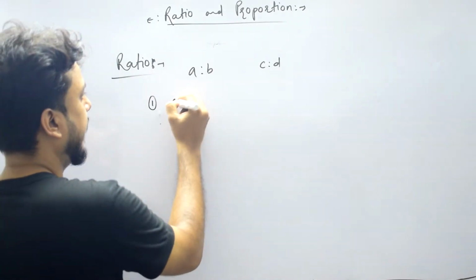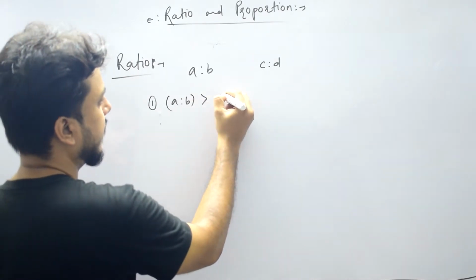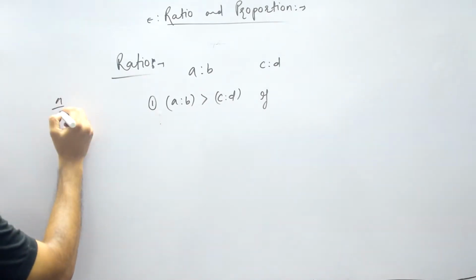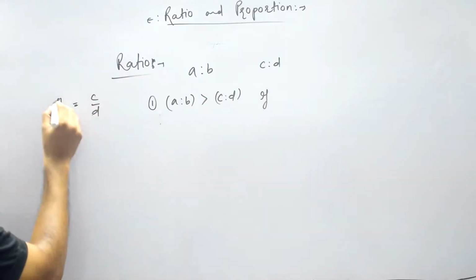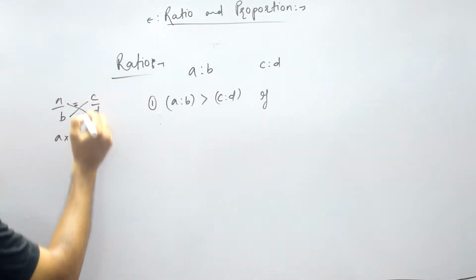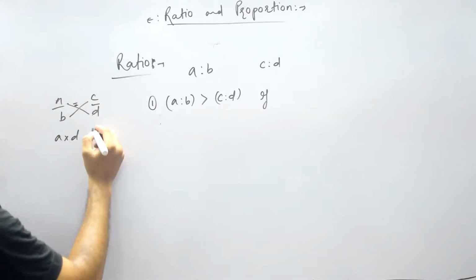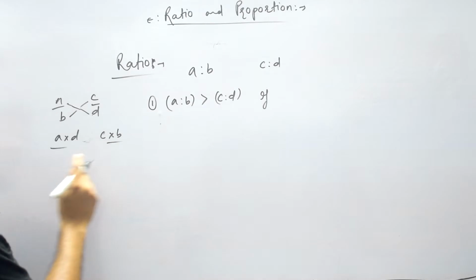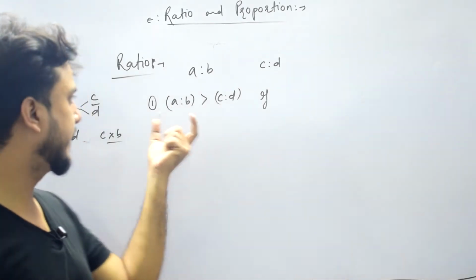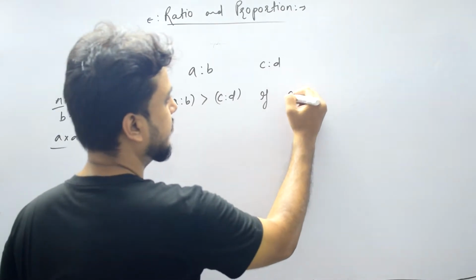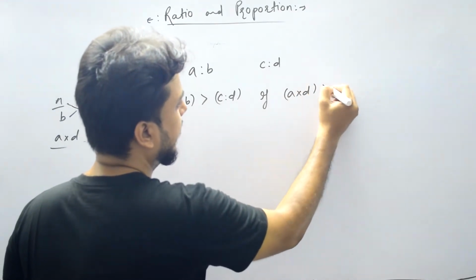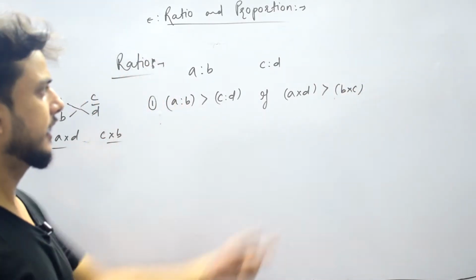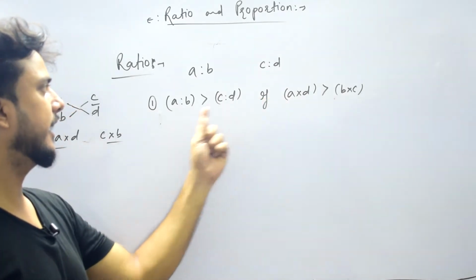A is to B will be greater than C is to D if the product... basically it is A by B and C by D. Now if we cross multiply, we get A into D and C into B. If the product of extremes is greater than the product of means, that means this ratio will be greater. That means if A into D is greater than B into C, then A is to B will be greater than C is to D.